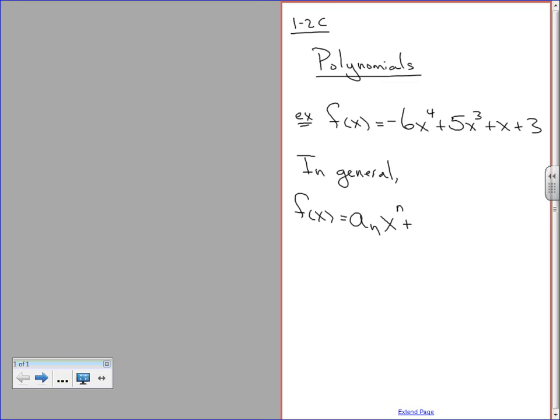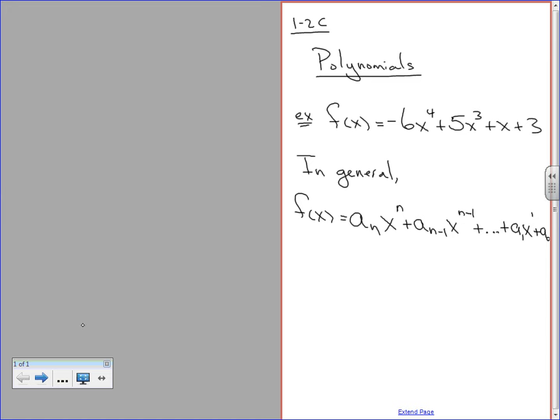So then the next coefficient, right, is the next one in order. So I'm going to call that a subscript n minus 1. And the same thing with the exponent on the x. And I'm just going to keep going all the way down until I get to a subscript 1, x to the exponent 1, and then a subscript 0.